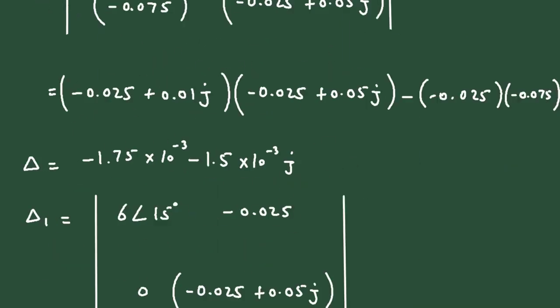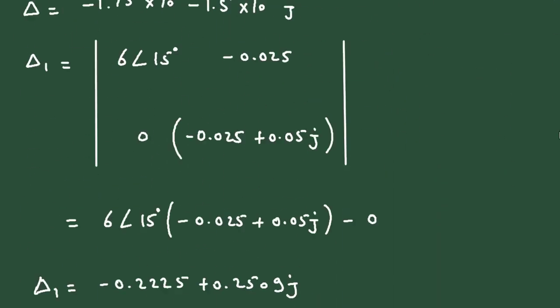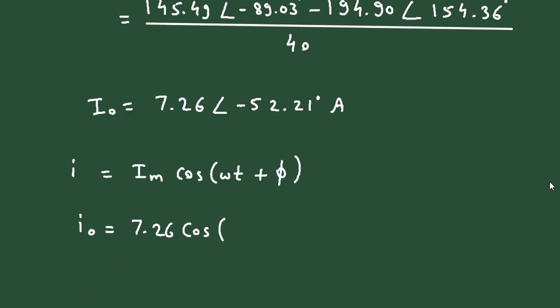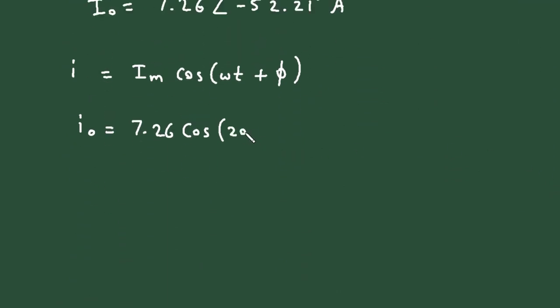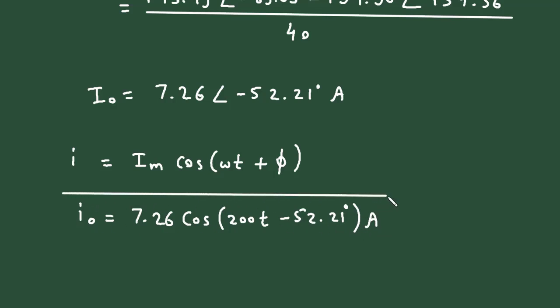Now the value of omega, here we can see, is 200. So 200 t plus phi value is minus 52.21 degree. So 7.26 cos 200 t minus 52.21 degree, and since it is current, its unit will be ampere.